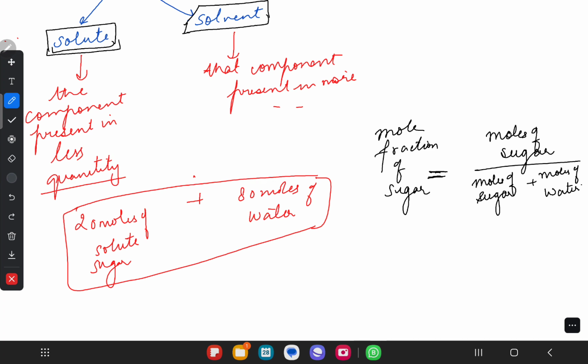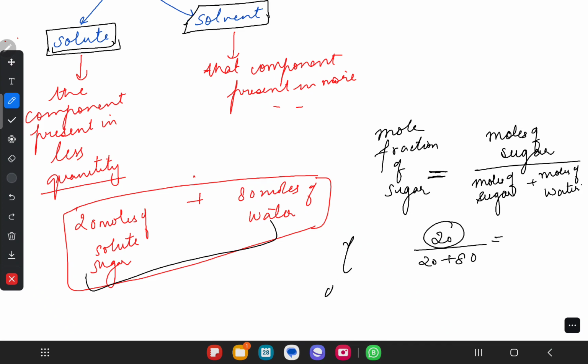Basically we are trying to tell that out of the total moles in the solution, what fraction are the moles of sugar? So you have 20 moles over 20 plus 80. That means out of a total of 100 moles, 20 moles are that of sugar.